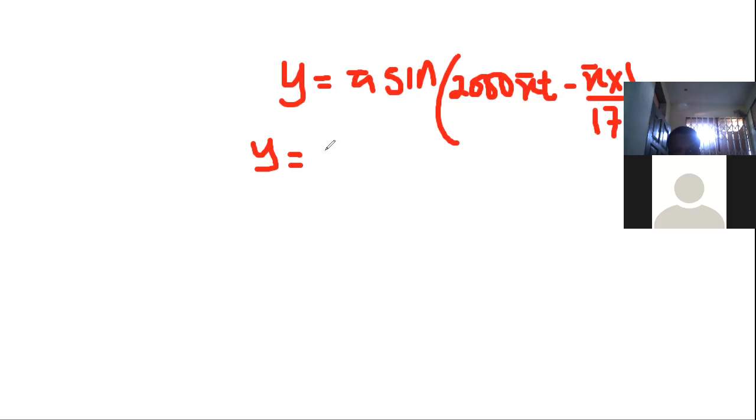So as for the rest, let's try it. We will compare this to the main progressive wave equation, which is A sine.